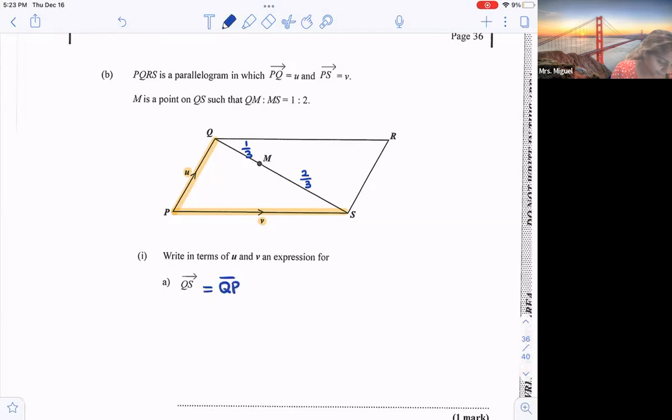QP plus PS. And QP, if PQ is a vector U, what would the vector QP be? It can't be the same thing. Sign must change. What would it be?